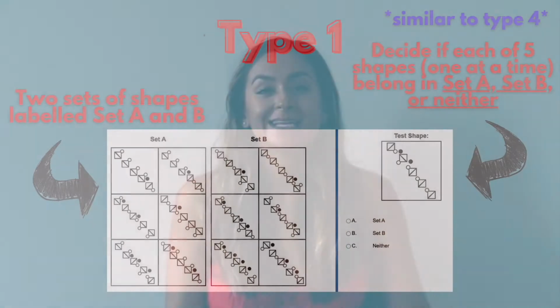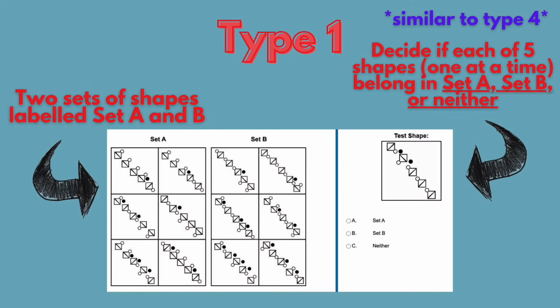Now we're going to take a deep dive into each type of question and how you can start getting the knack of them. If you remember, type 1 is the question type where you have set A and set B, and you'll have sample answers, and you must say whether it belongs to set A, B, or neither.